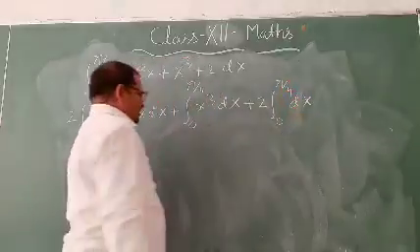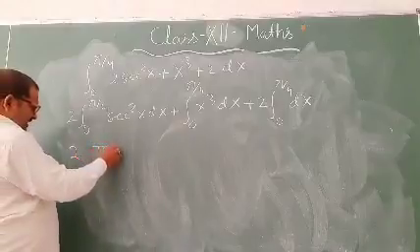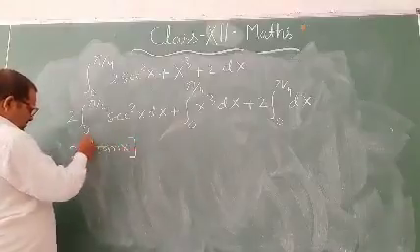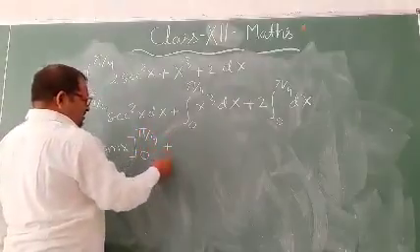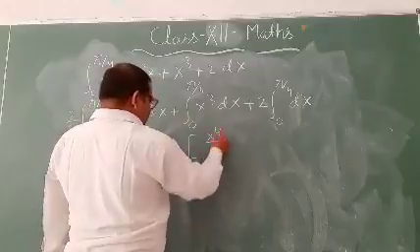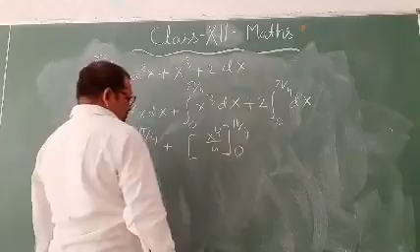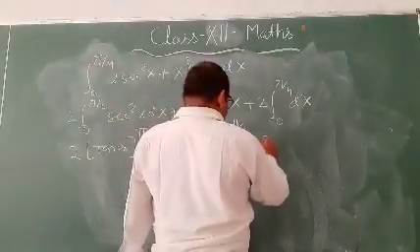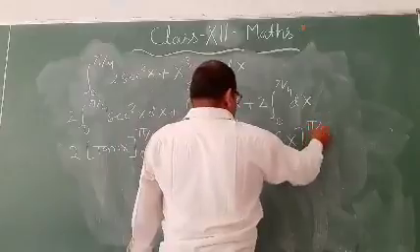That gives 2 tan x from 0 to pi by 4, plus x power 4 by 4 from 0 to pi by 4, plus 2x from 0 to pi by 4.